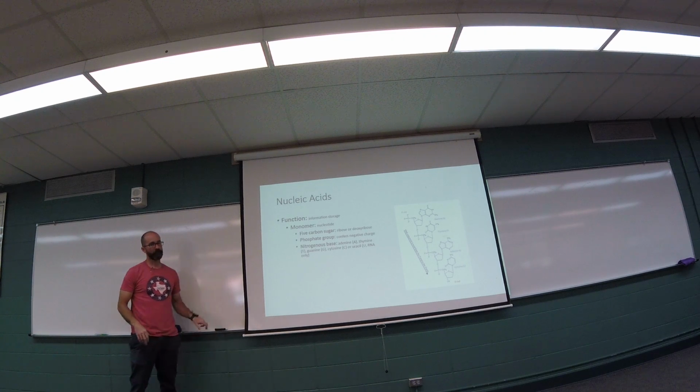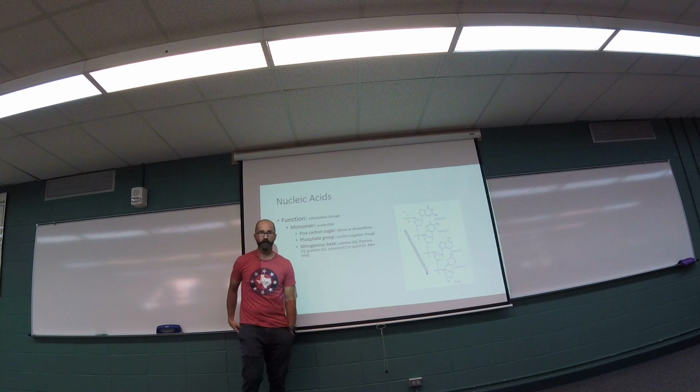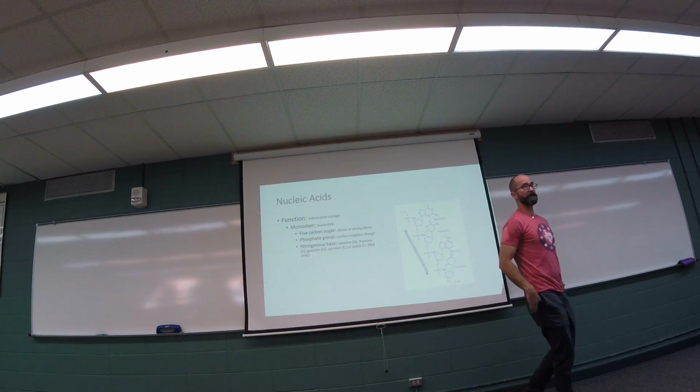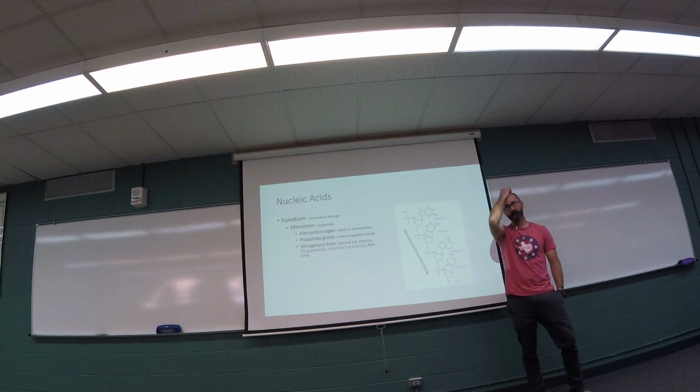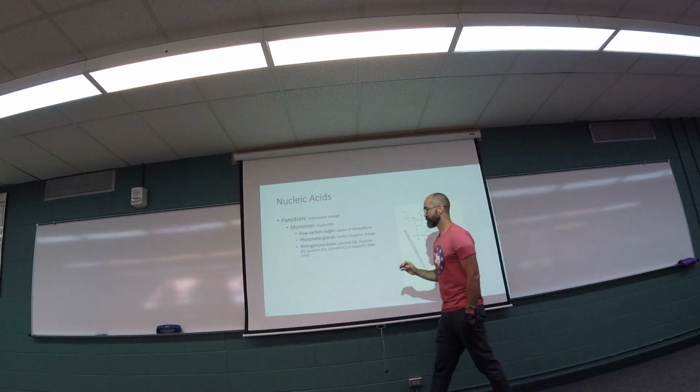So, like the other biologically important molecules that we've been talking about, this is a polymer. It's a molecule that consists of repeating subunits. And the repeating subunits for this molecule are called nucleotides. Each nucleotide consists of three basic things. The first of which is a 5-carbon sugar.